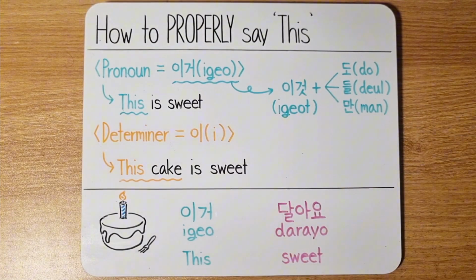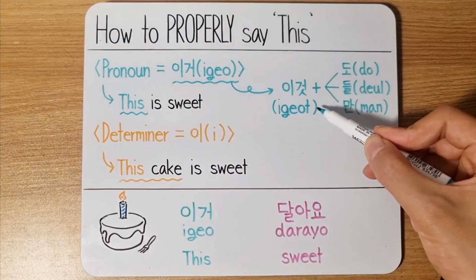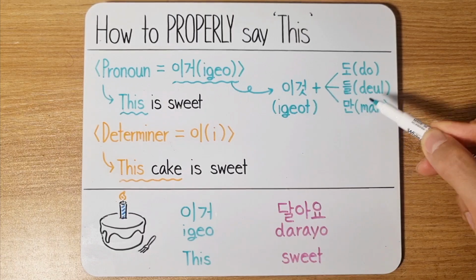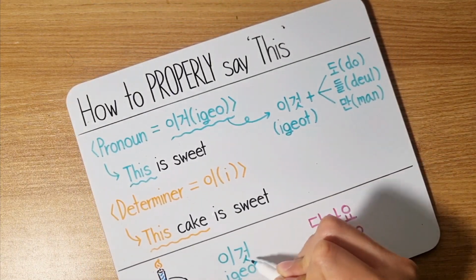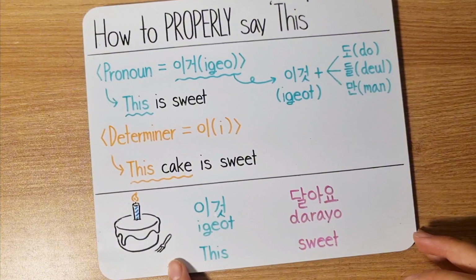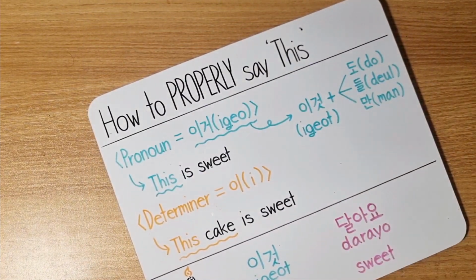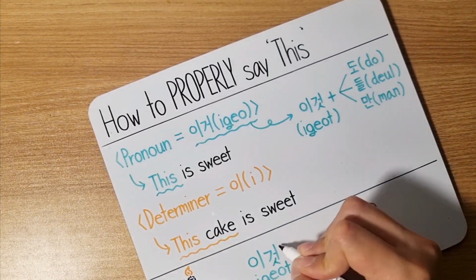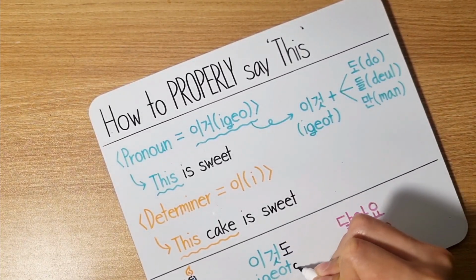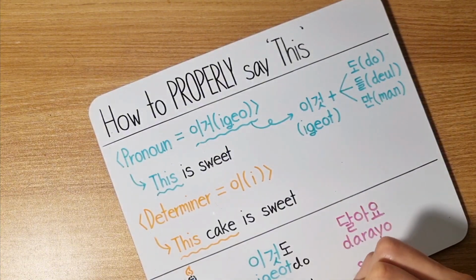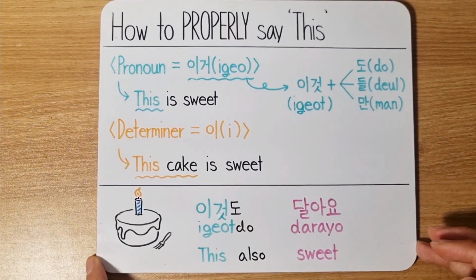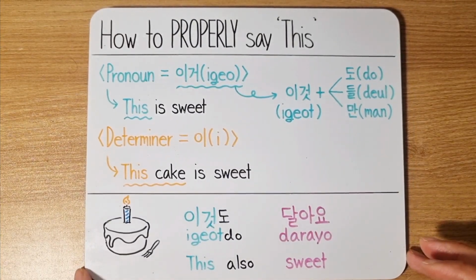So, for example, if you're going to say, that is sweet, but not only that, this also is sweet, then you would use this version because I am going to use one of these three particles. So I'm going to change it into the version that has an extra consonant at the end and then attach 도, which means also, as well, too.